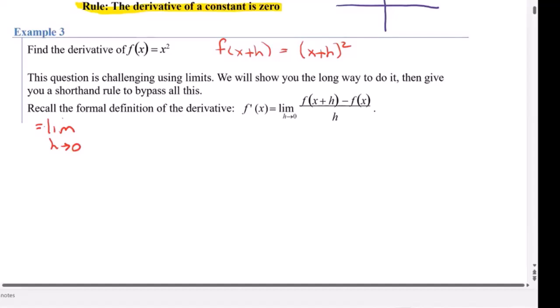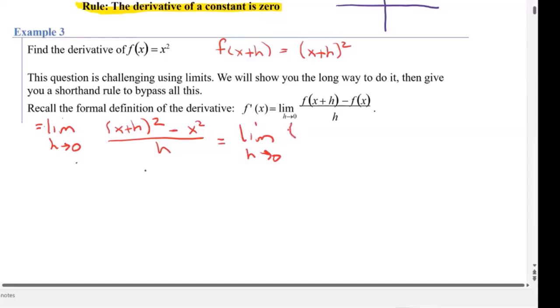So I can just plug this in now. F of x plus h is x plus h squared minus f of x, x squared, divided by h. This equals the limit as h approaches 0. Now, you always have to write that limit there.